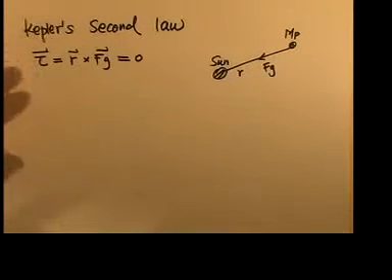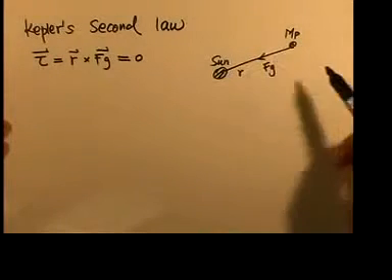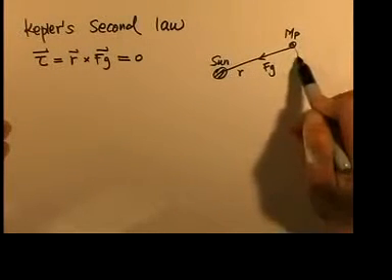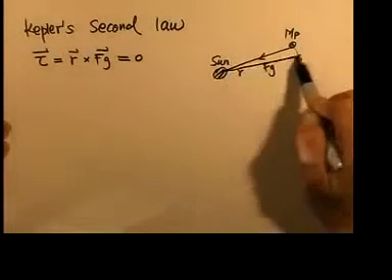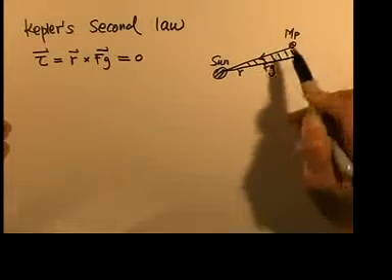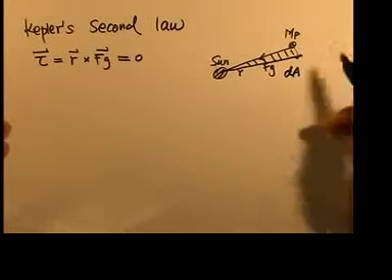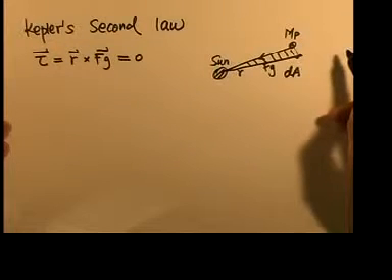Now I'm going to prove Kepler's second law. We just learned that the radius vector drawn from the sun to a planet sweeps out an area. We name it dA in the time of dt.